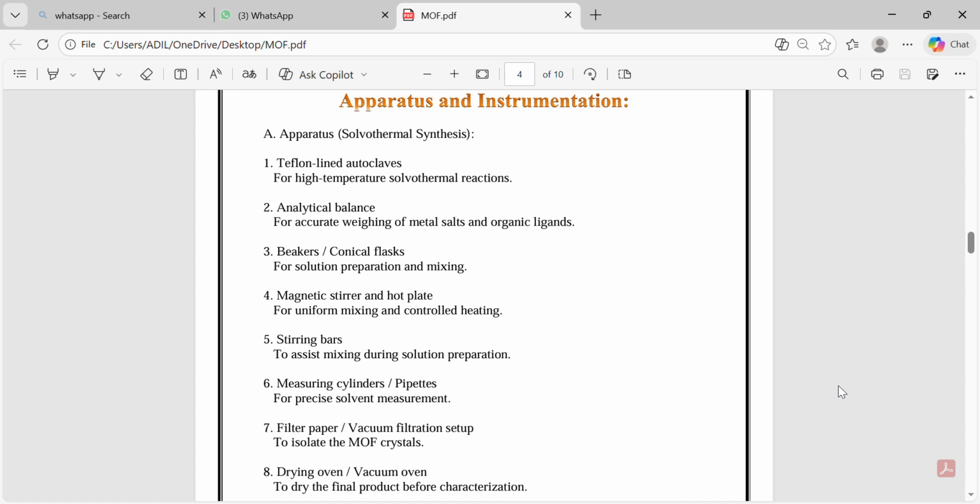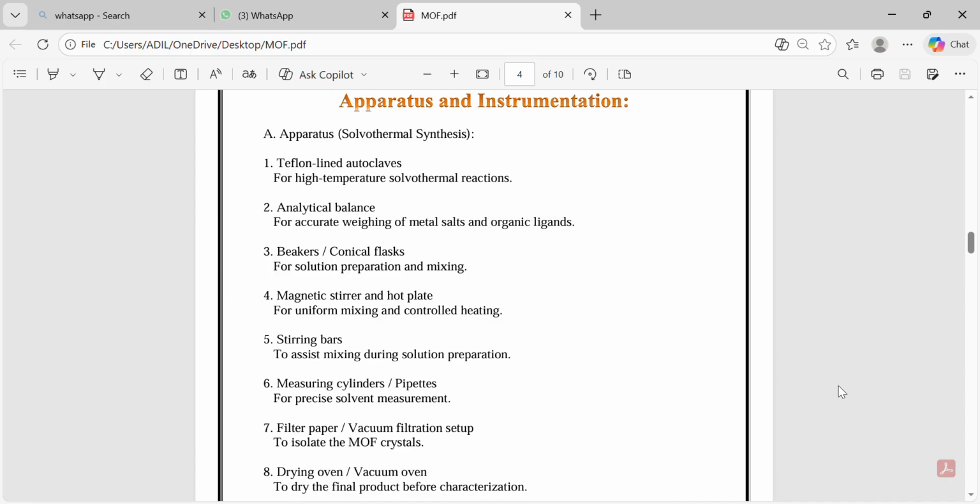The first one is for the solvothermal synthesis. These are the lab tools and equipment needed to make MOFs in solvothermal reactions, heating a solution in a sealed container. First one is the Teflon-lined autoclaves, strong containers for high temperature reactions.